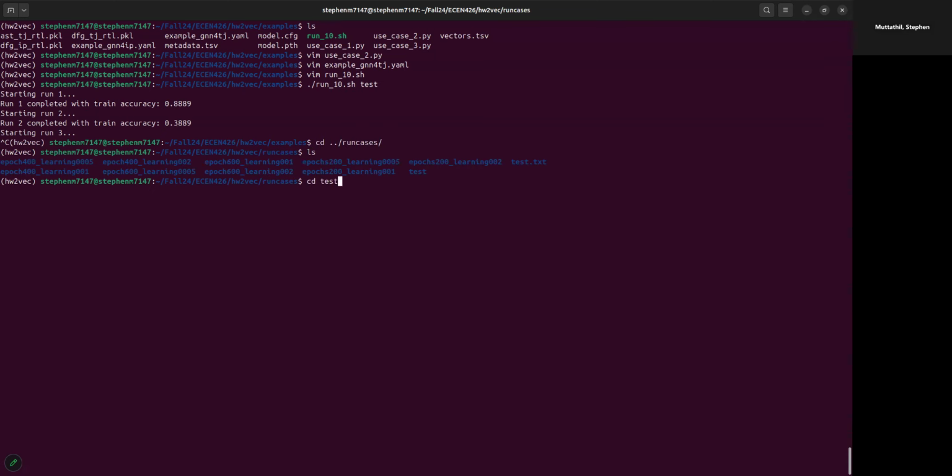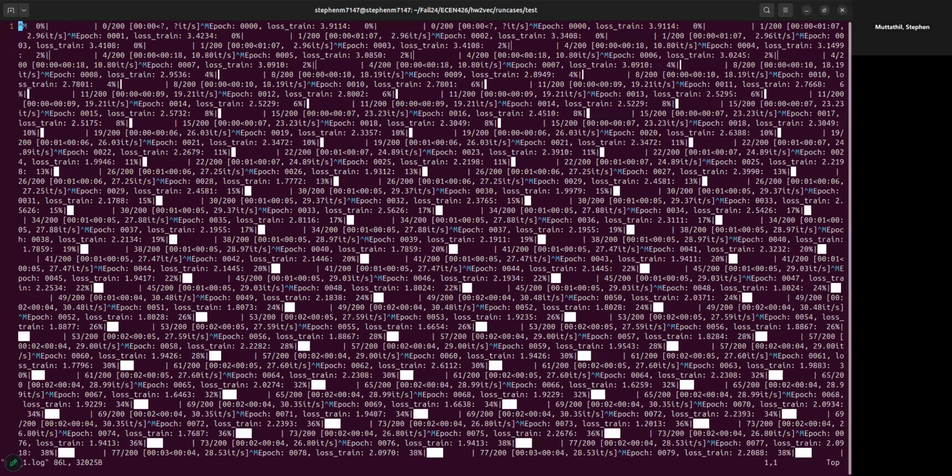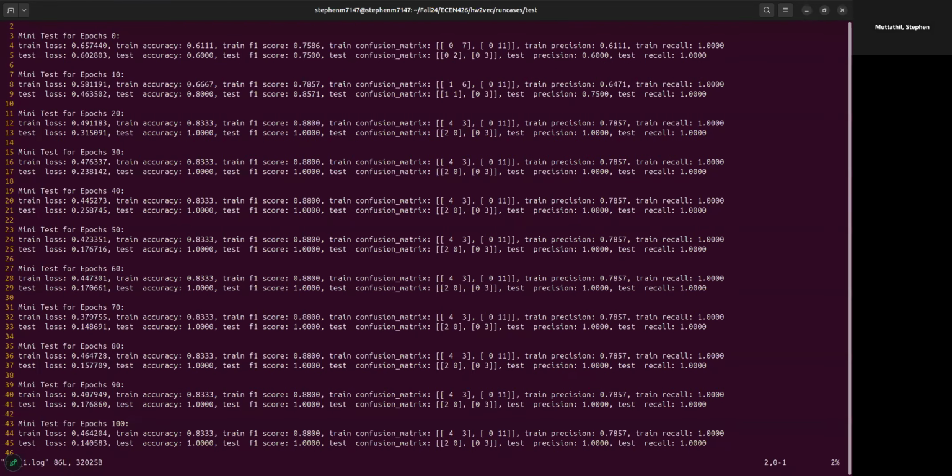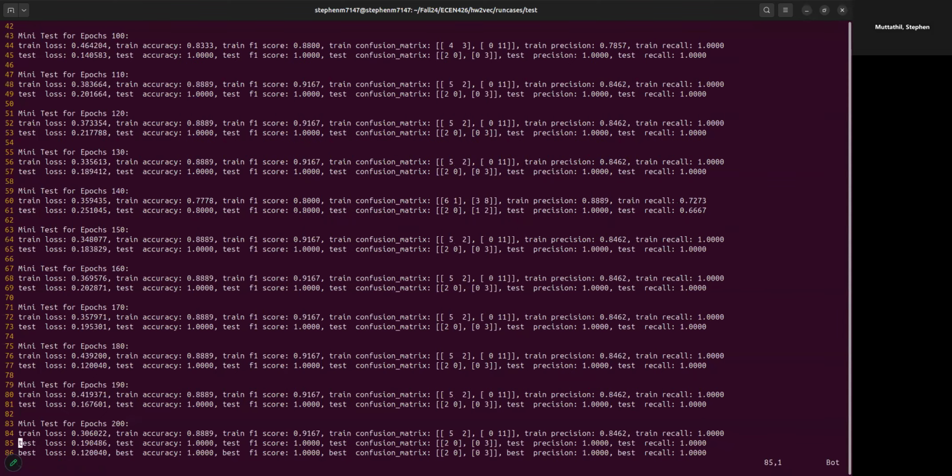So it's saved in the folder called test. And if you go here, let's do like run one log. So these are the progress bars that print out when you're running it, but because it was redirected to a log file, it got kind of messed up. But the important thing is the data at the very end, which shows the final train loss, train accuracy, and everything.